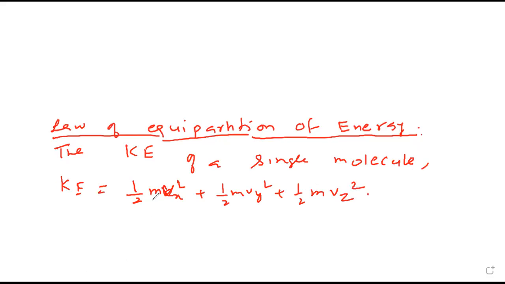So each direction will have half m vx square, half m vy square, half m vz square. Correct?